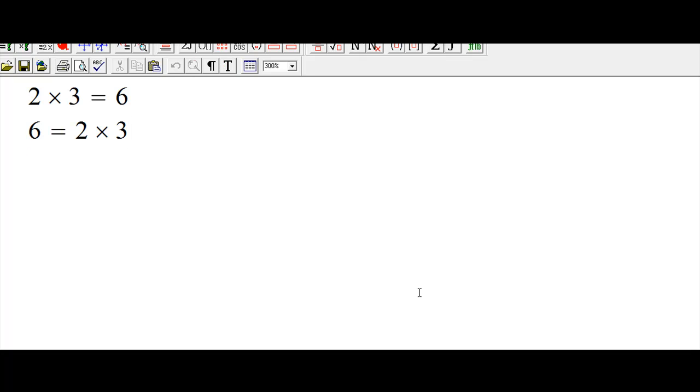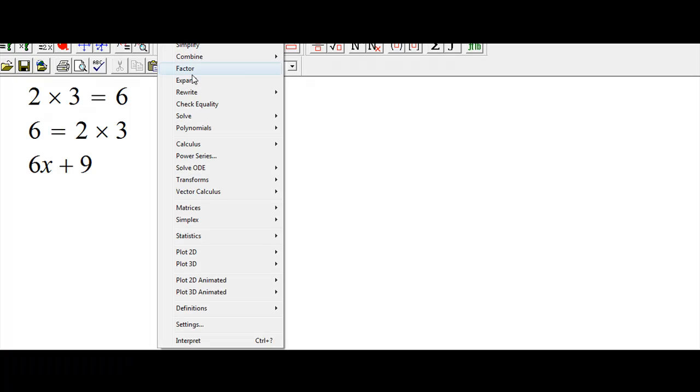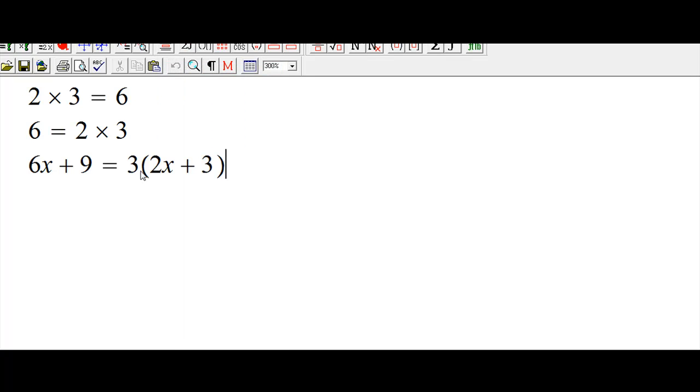So 6 is 2 times 3. And say I have something like 6x plus 9, okay? Everybody good? In this also, let's ask the computer to factor it. Let's see, factor please. What did it do? It took the common factor out, right?